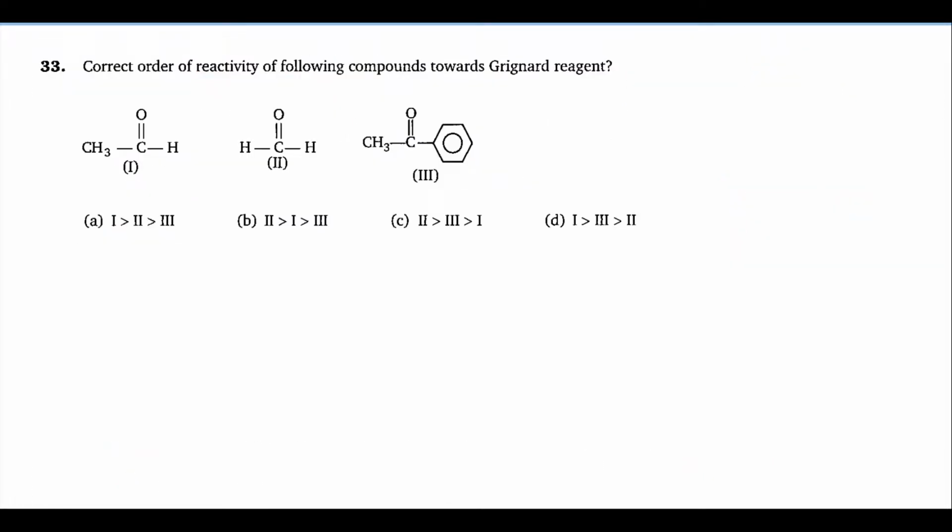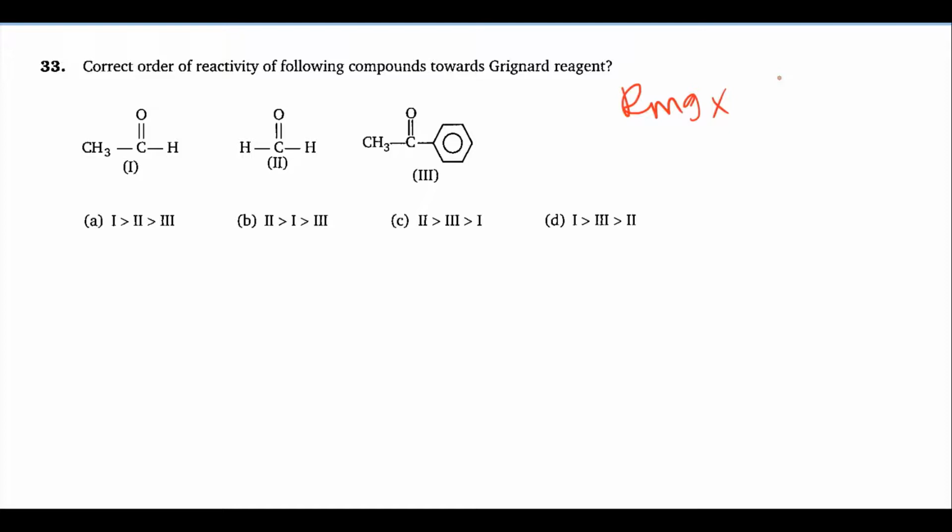Very simple question, and this one is related to Grignard reagent. Grignard reagent is a very important reagent. Not recently, I think 3-4 years back, a British scientist got a Nobel Prize. To prepare drugs, there are so many stages.